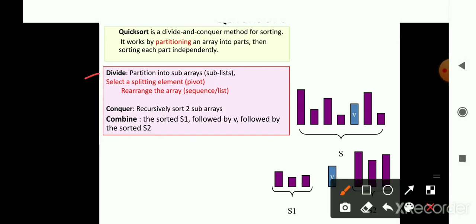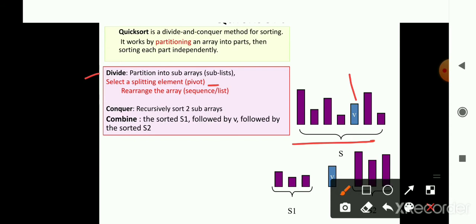Here divide means the array is divided into subparts, taking the pivot as a partition point. Suppose S is the given list. Here we are selecting one pivot point, which is denoted by V. That pivot is the partitioning point.